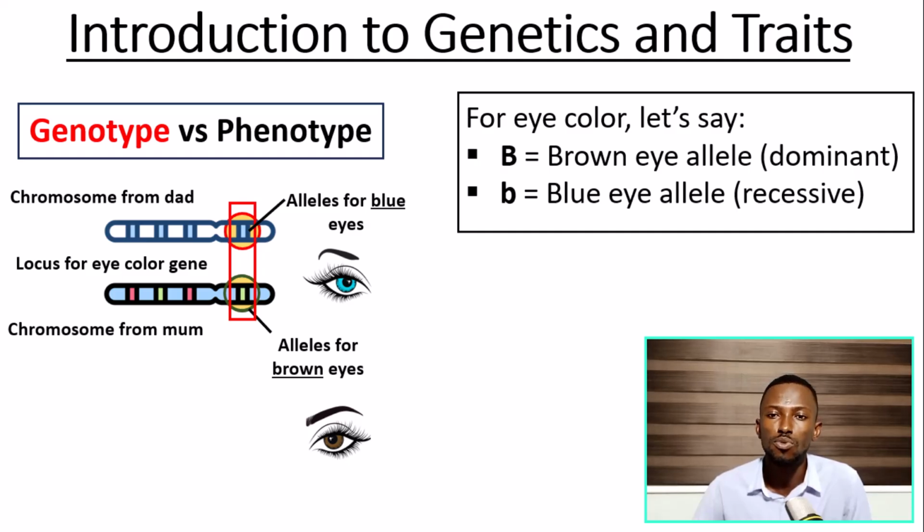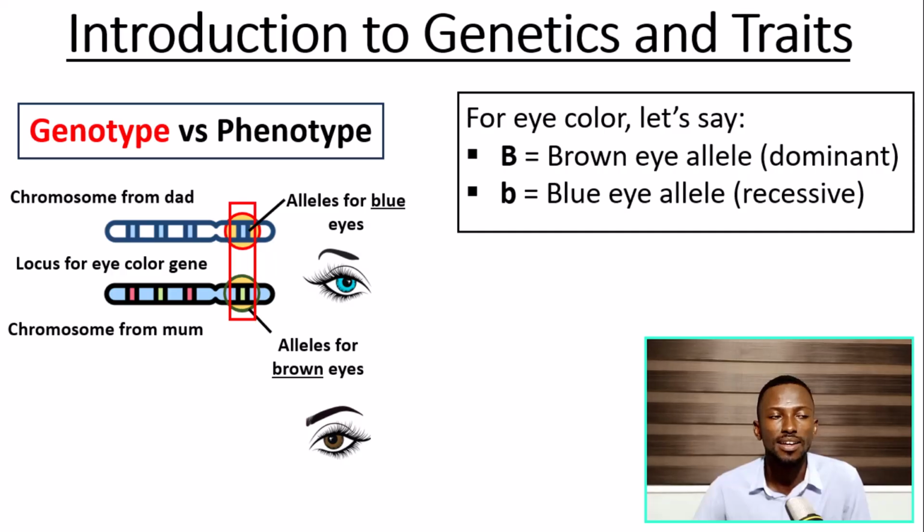So for blue eyes, we indicate it with small b, and for brown eyes, we indicate it with capital B. Why that choice? You see, in the genetics of eye color, brown is the most dominant. Brown is dominant over blue.